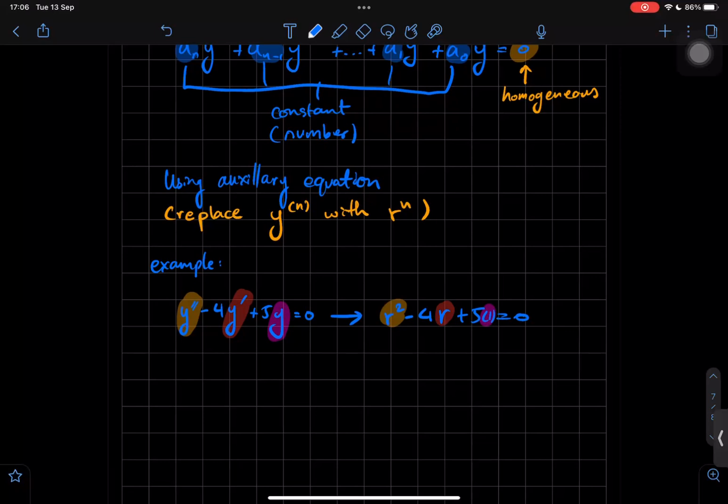And when you do the auxiliary equation, you find the root of the auxiliary equation.